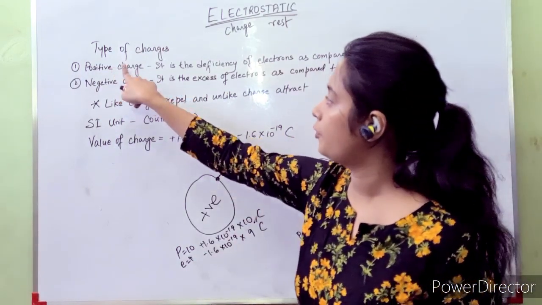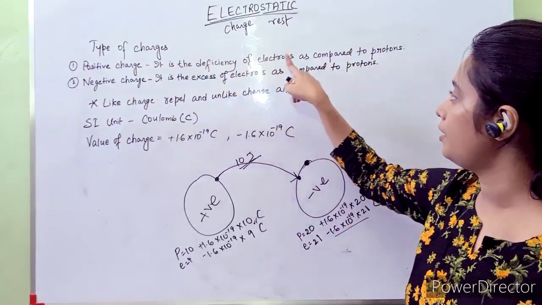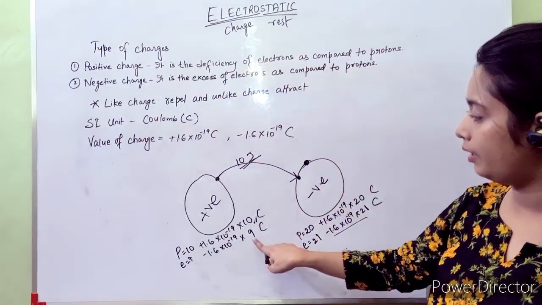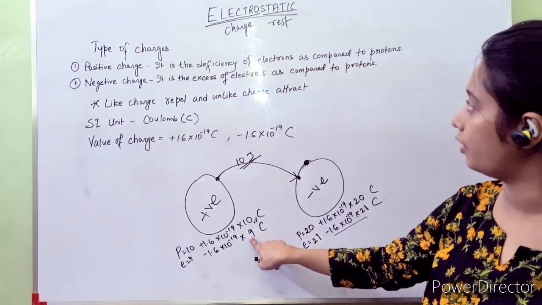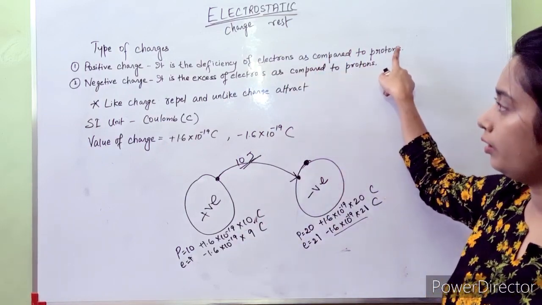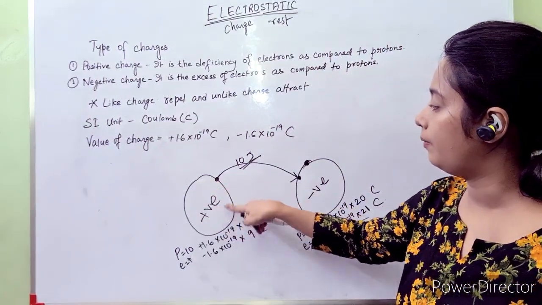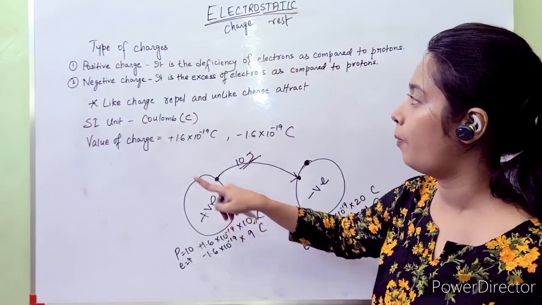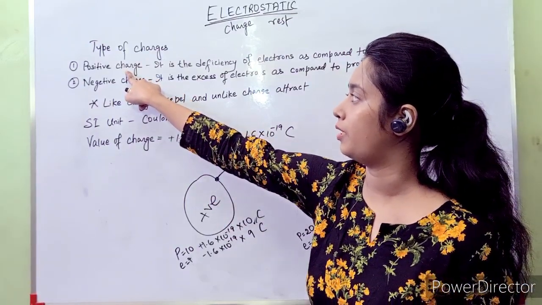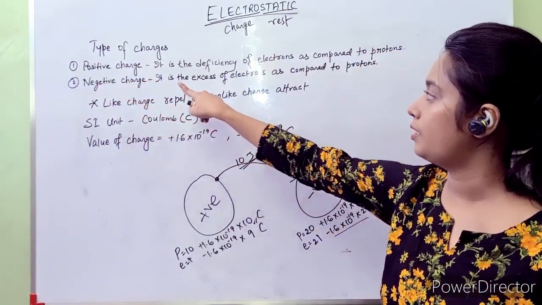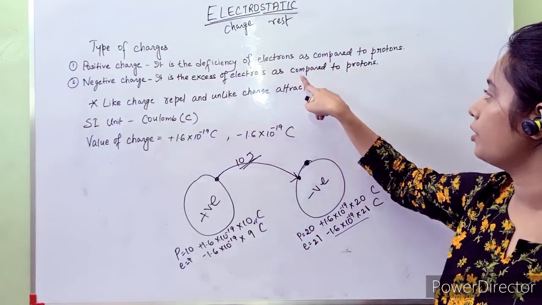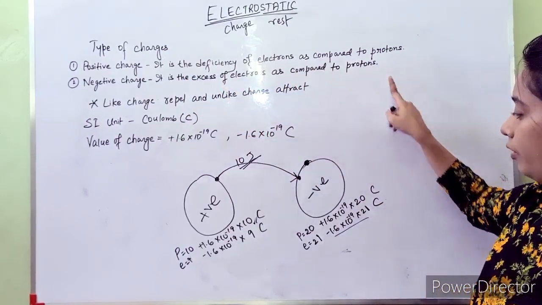Positive charge means it is the deficiency of electrons. Here there is a deficiency of electrons as compared to protons, so this atom as a whole is positively charged. And negative charge means it is the excess of electrons as compared to protons.